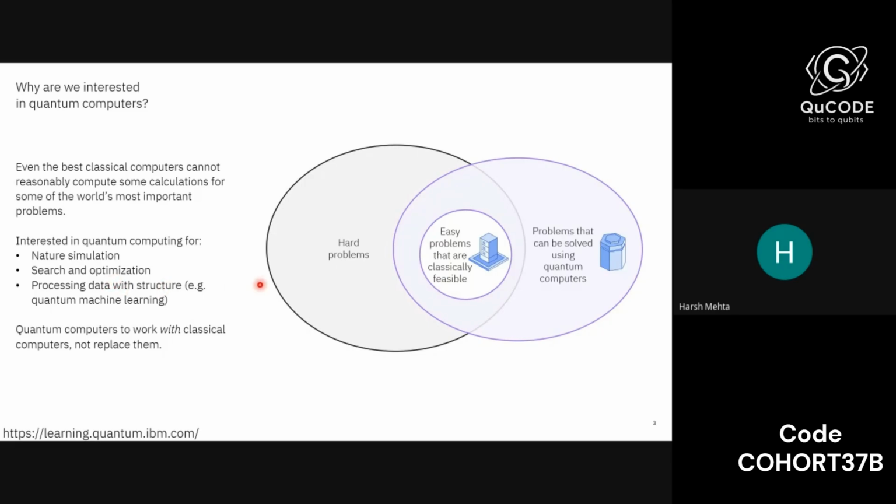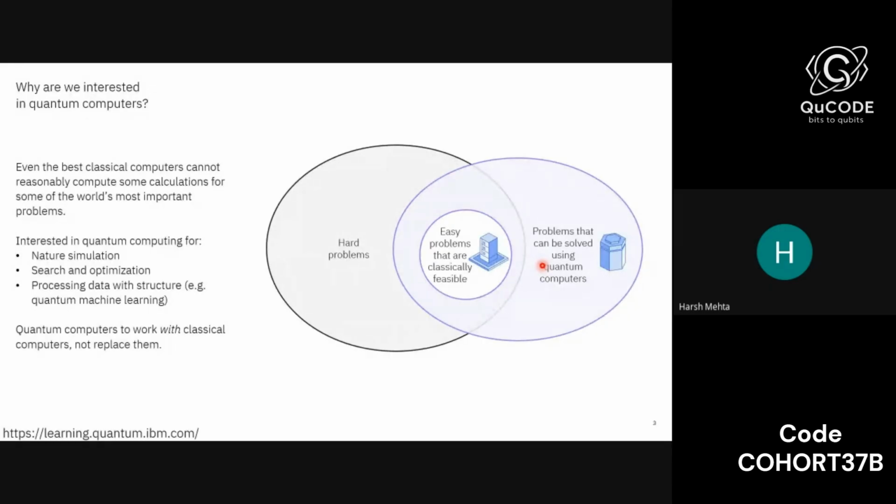And now, as KG mentioned yesterday, quantum computers will not replace your classical computers, they will just complement them. The reason is that there are certain problems that can be solved only by using quantum computers, for example, secure communication and quantum key distribution.